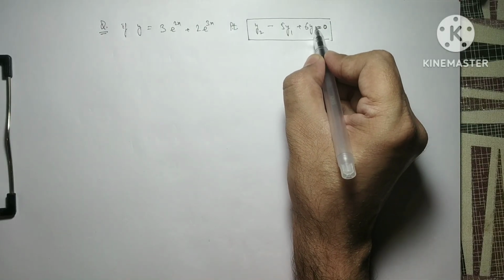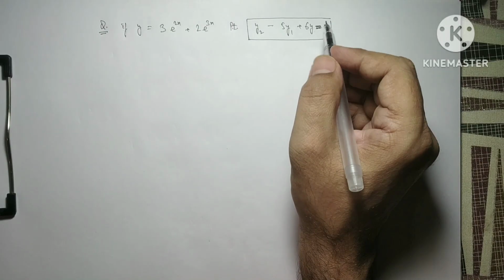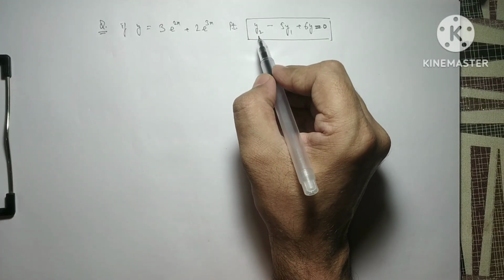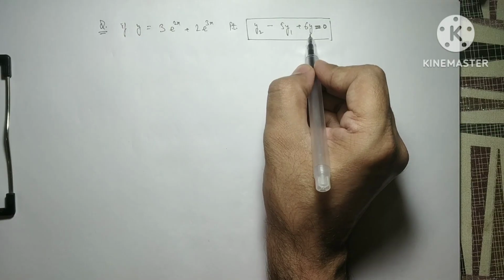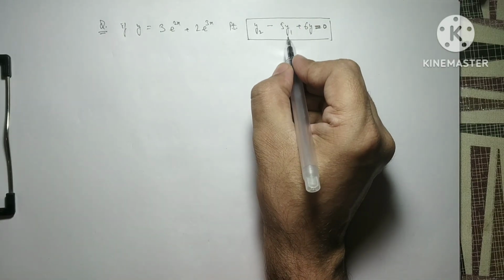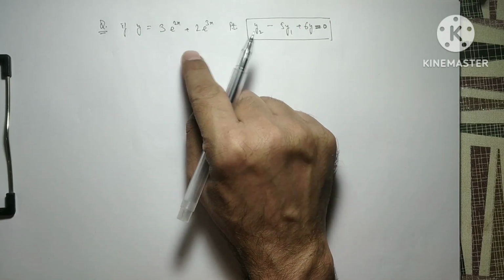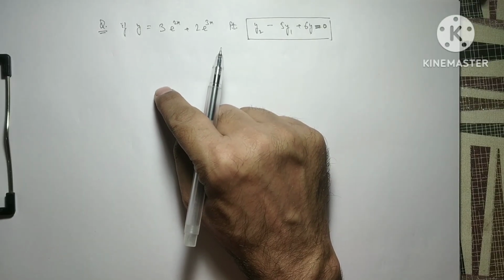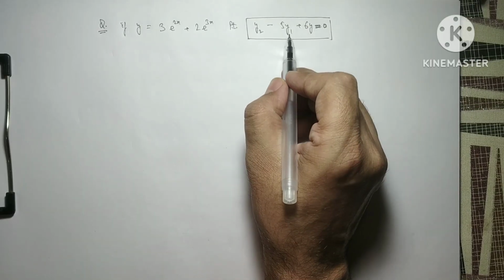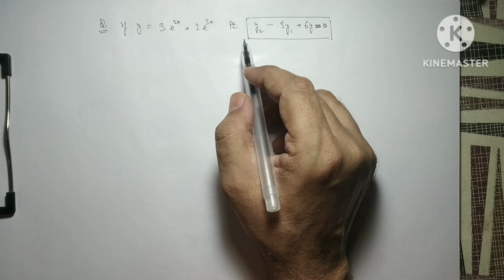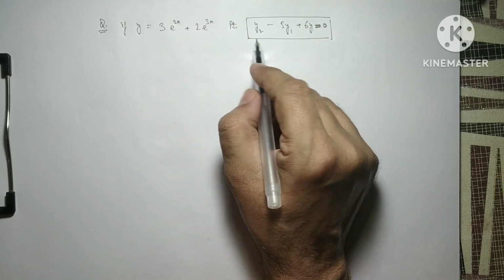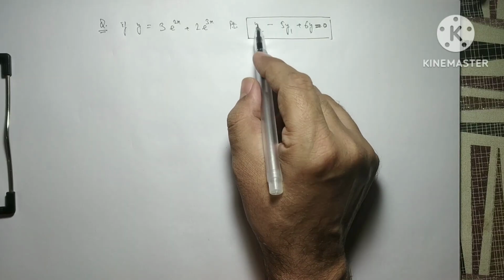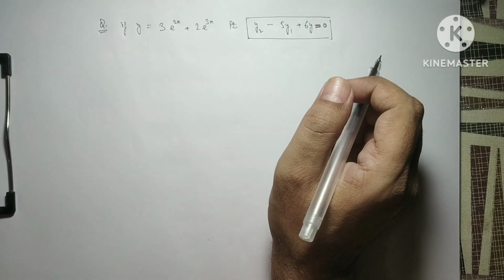We have two options: either prove this directly, or first collect the values of y, which is given, y1 the first derivative, and y2 by differentiating again. Then put these values of y1 and y2 in the left hand side expression and prove that the result is 0.